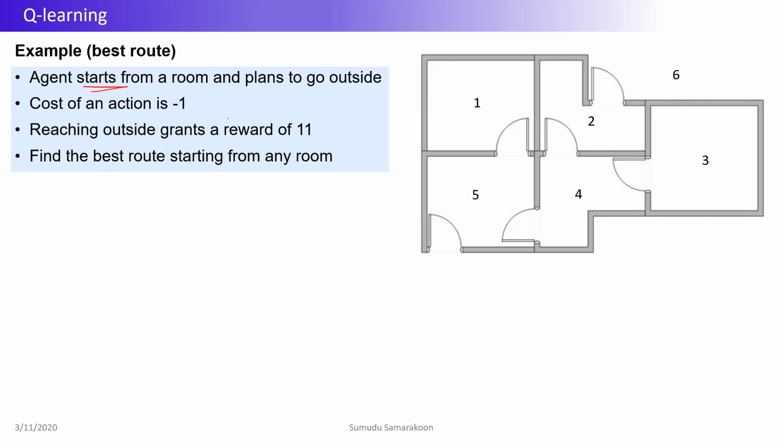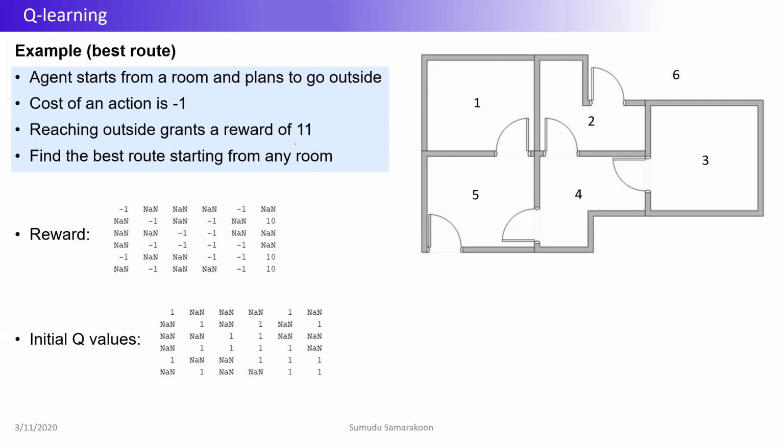Given these values, we can consider creating a reward matrix, and here I have done it using a MATLAB environment. You can see in the columns here, let's say this is the starting location, and here we have the next or target location.